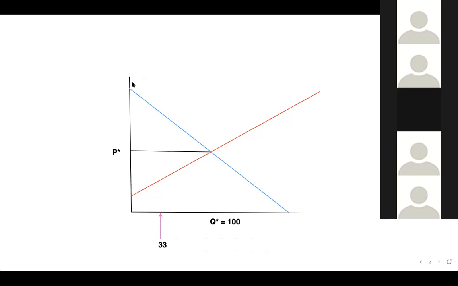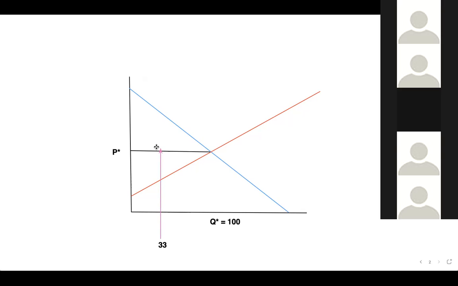Now it's kind of interesting, right? Because I can say, let's take a look at how this is affecting Ryan's welfare. How much consumer surplus is Ryan as an individual consumer getting? And that information is on the diagram.